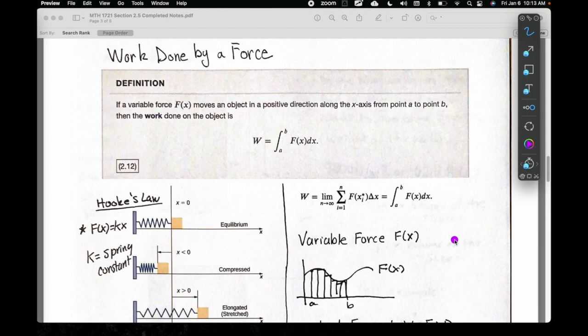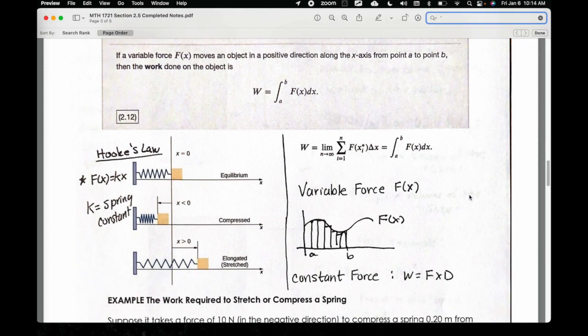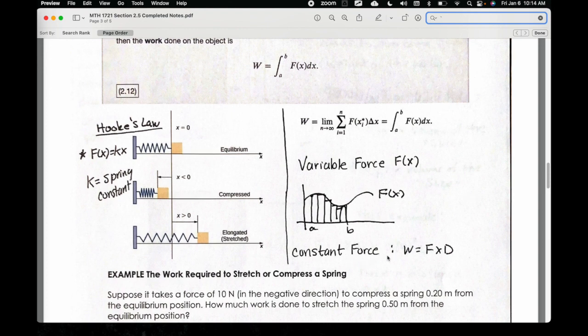Now, just like density, force can change or it can be constant. If force is constant, then the work is just the force times the distance. So if we have a constant force, then work is just the force times the distance.